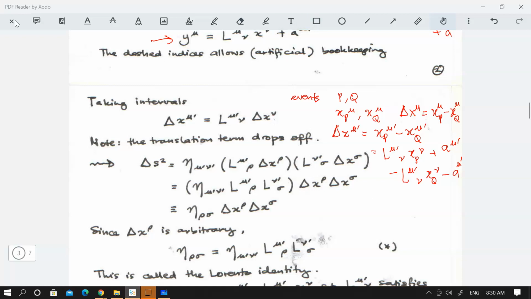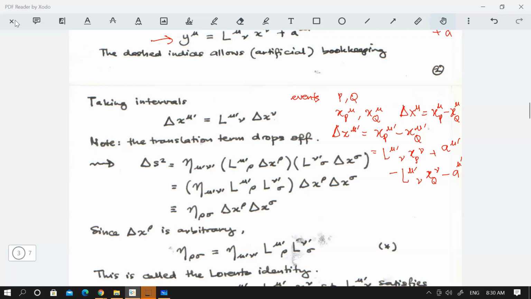Now what is the condition that we need? We need to make sure that the length interval squared in 4-dimensional space and time must be equal in both the dash frame and the undashed frame.